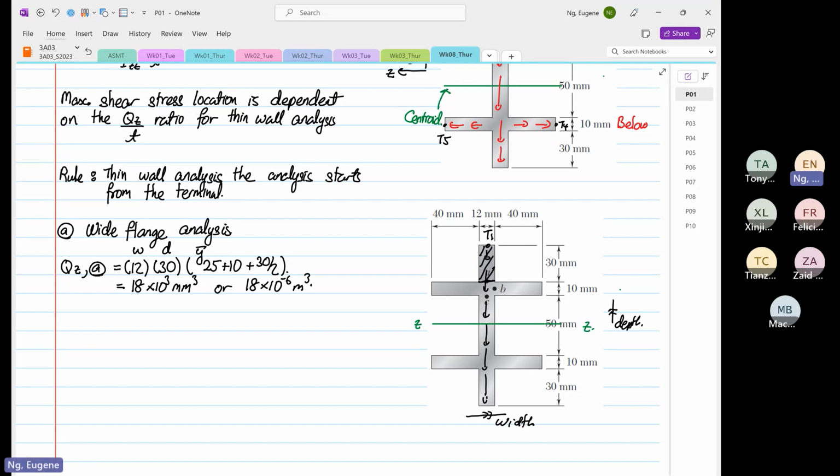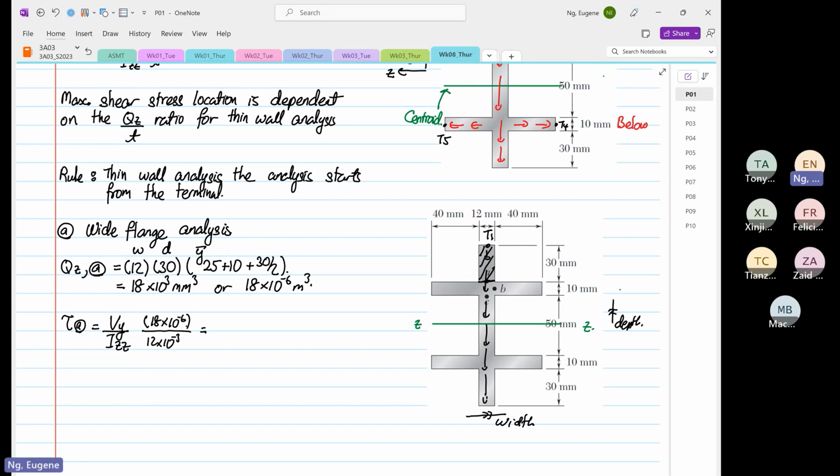So when we do Qz at point A, what we realize is that we can find the shear at point A is equal to Vz or Vy over Izz, Qz, and then divide by a thickness of 12 times 10 to the power minus 3.